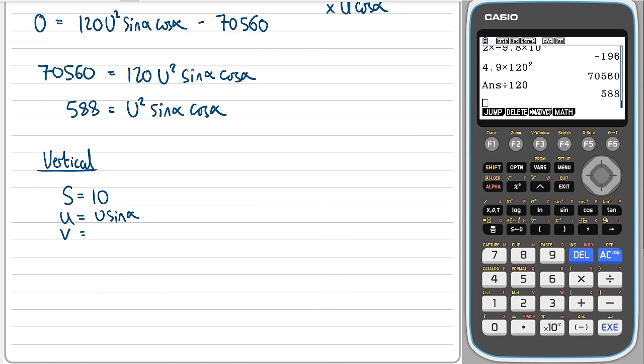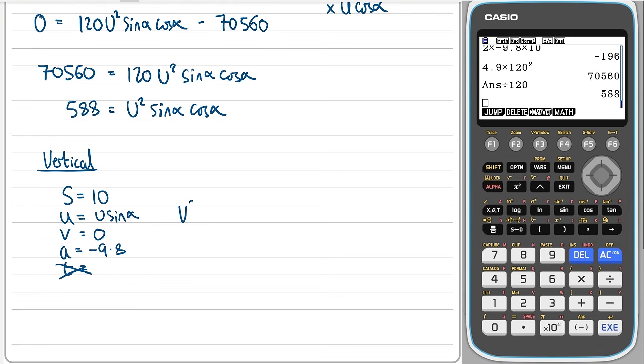Now the velocity at that particular point, when it reaches its maximum height, is 0, because when a ball goes up in the air, it will stop before it comes back down again. So maximum height always means that v is equal to 0 in the vertical. Acceleration is always minus 9.8 in the vertical, and t, I don't know what the time is, but I don't think that's going to be necessary because we've already got 4 bits of information there.